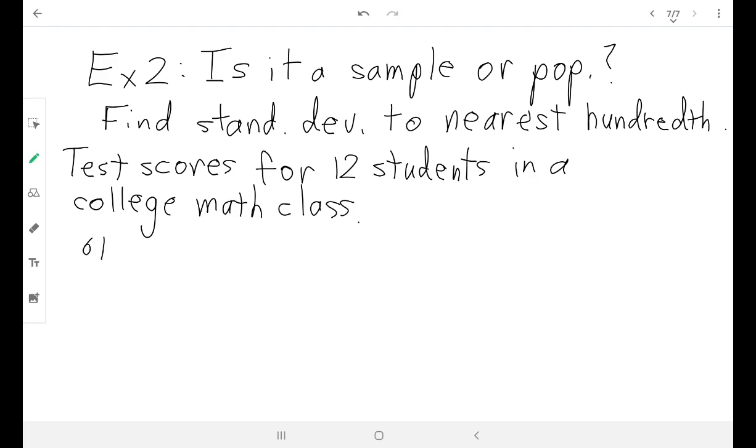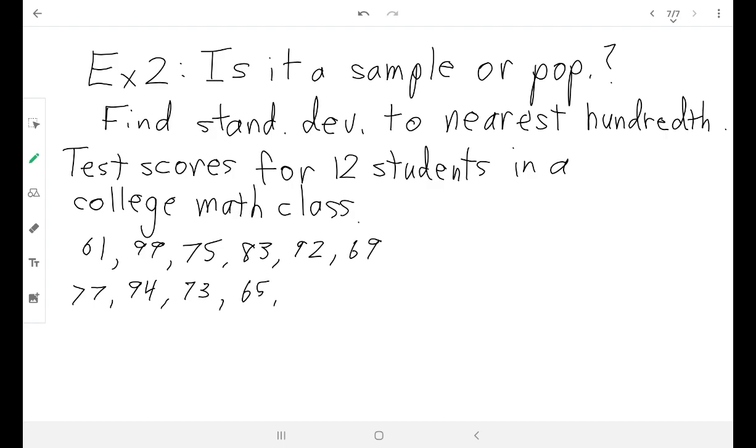We got scores of 61, 99, 75, 93, 92, 69, 77, 94, 73, 65, 98, and 91.